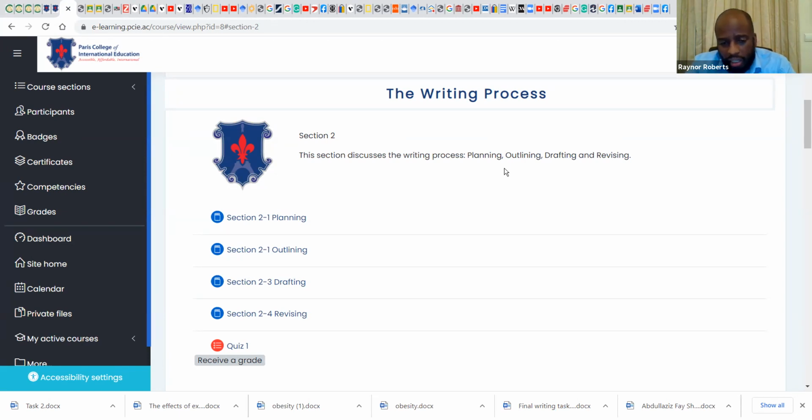And the writing process is quite simple. Brainstorming, which is planning and deciding. Brainstorming is the most important part of the writing process. And it goes back to what I said at first. You have to know what you want to say. You have to have some background information. You have to be knowledgeable about the topic that you're speaking on.